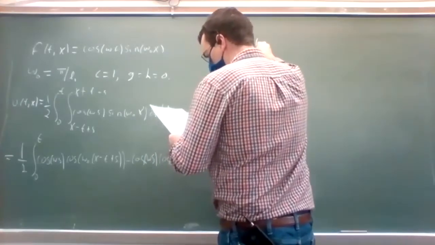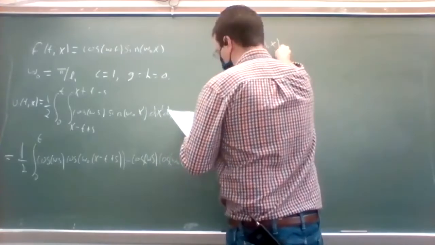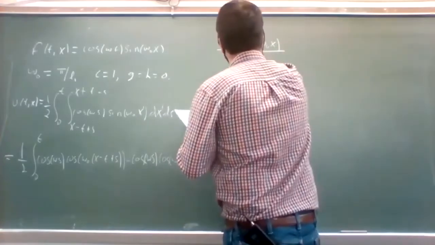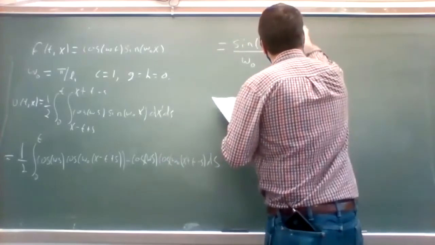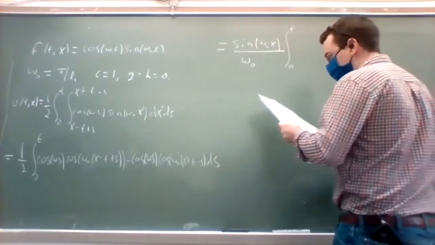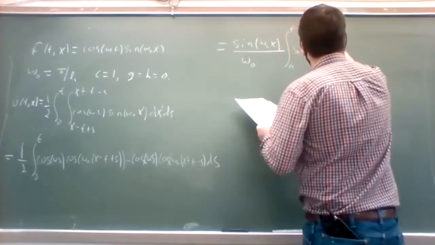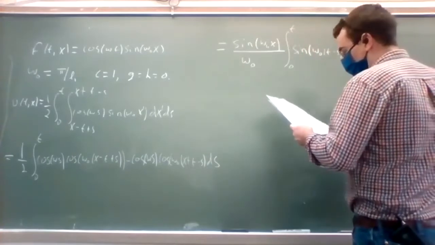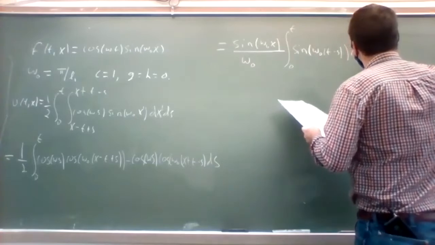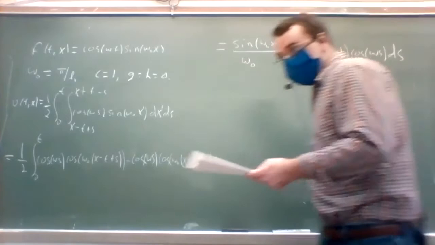For this, I got sine of omega naught x, which I pulled out of the integral, divided by omega naught, integral from 0 to t, sine of omega naught (t minus s) cosine omega s ds.